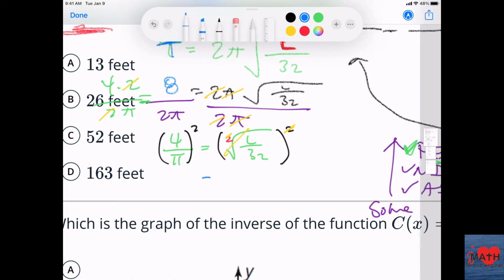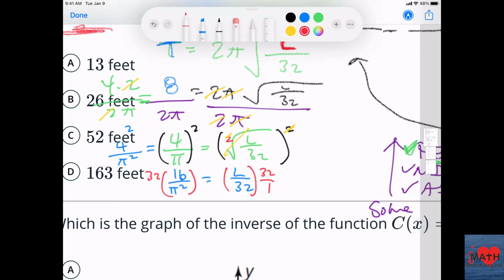This will give me L divided by 32 equals, now I can distribute this, this is going to be 4 squared over pi squared. So 16 over pi squared. And then now we're continuing opposite of division, multiplication, so I'm going to multiply both sides by 32.